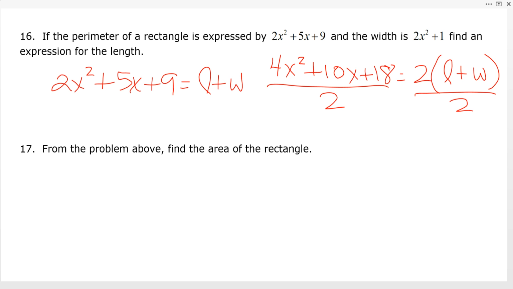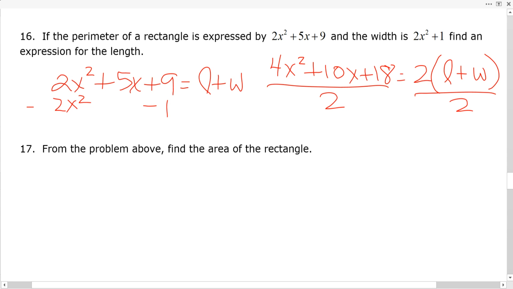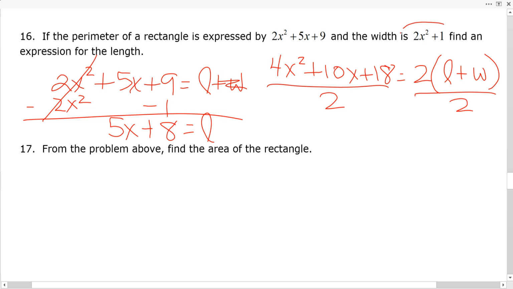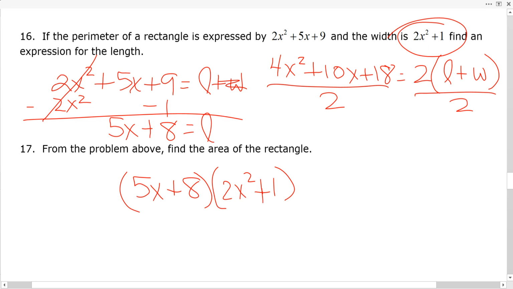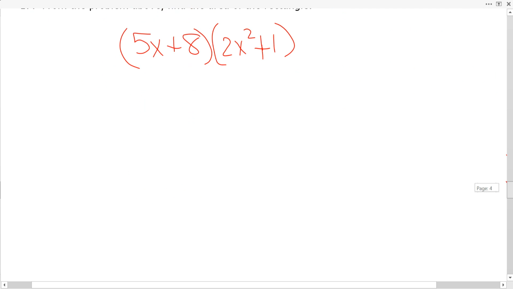Okay, so if the width is 2x squared plus 1, then I'm going to subtract that width, and I should end up with my length, which is 5x plus 8. So we're going to say that's the length. The width is this. If I want to find the area, I'm going to do 5x plus 8 times 2x squared plus 1. I'm going to do my double distributing thing.